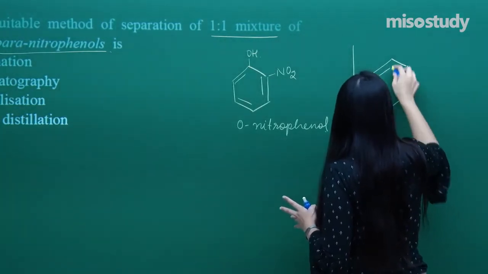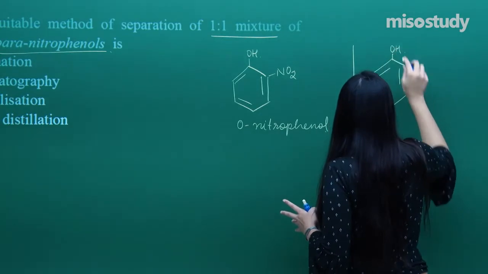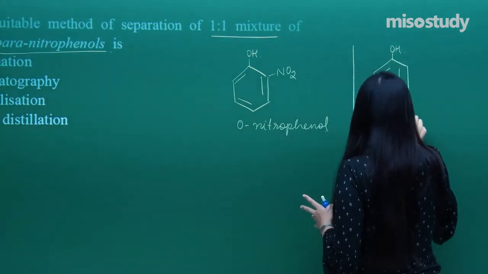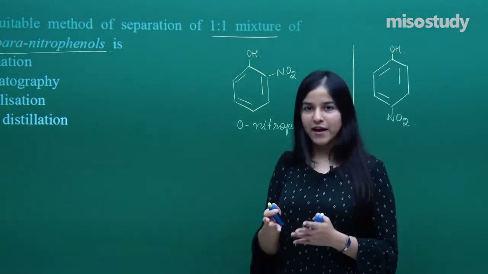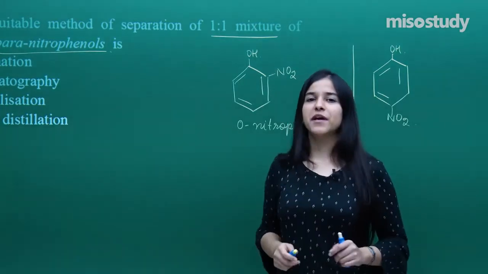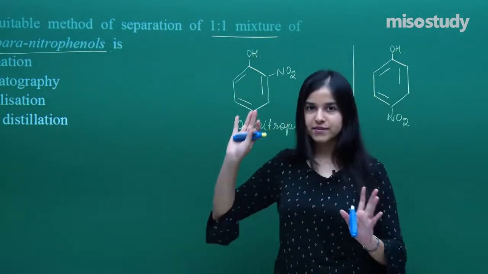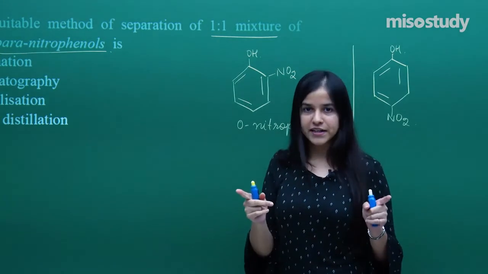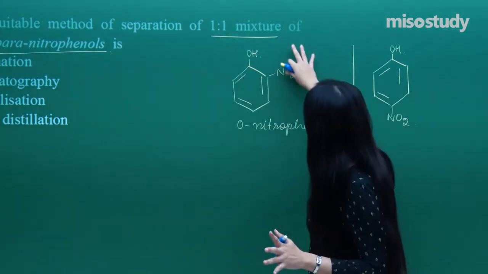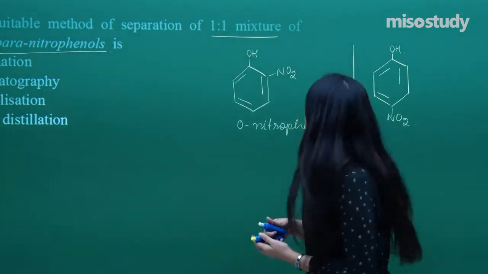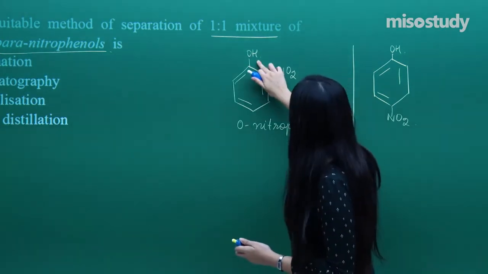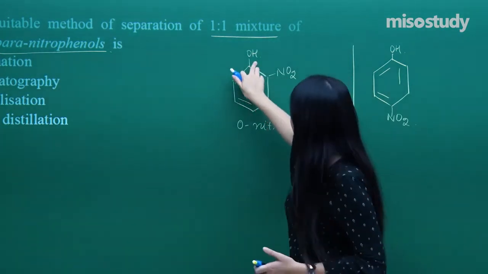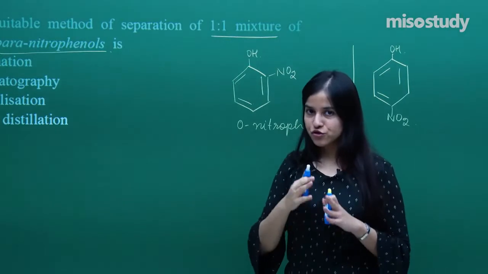Can you observe something over here? Yes, there is a chance of hydrogen bonding, and definitely there will be hydrogen bonding in each of the cases, but it would be different in the two. How? In the first case, if you observe very carefully, I have OH and NO2. So this hydrogen will be attracted by this nitrogen, right?